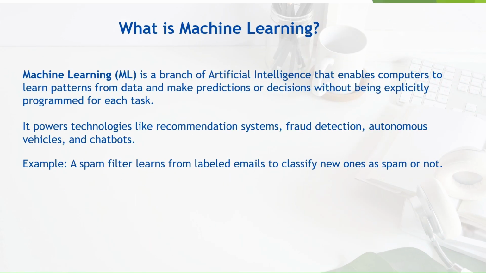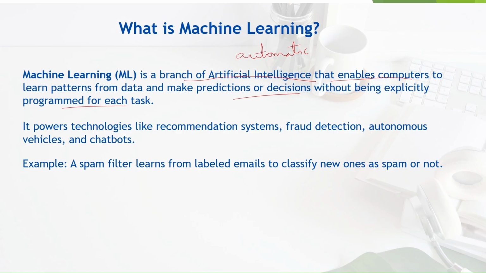What is machine learning? Machine learning is a branch of artificial intelligence that enables computers to learn patterns from data and make predictions or decisions without being explicitly programmed for each task. That is what automation was, right? We used to write programs for the computers to perform tasks.